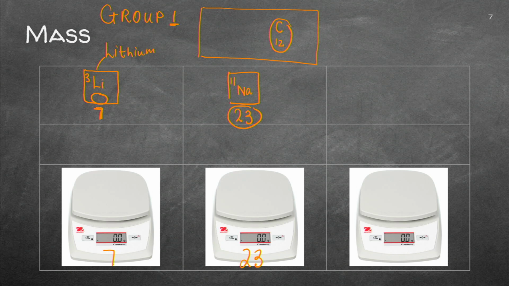And then just below sodium, you'll find potassium. Potassium is element 19, and you'll see at the bottom 39. Again, if I weighed on this scale carbon and I got 12, then the reading will be 39 for potassium.